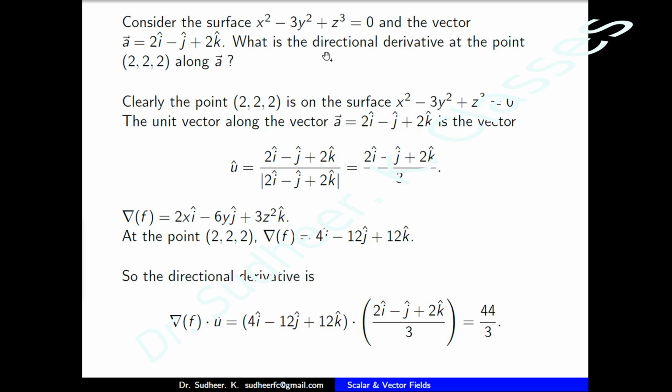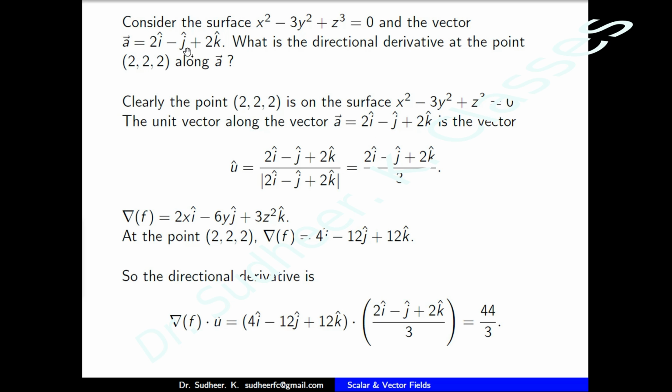We have to find the directional derivative at the point (2, 2, 2) along the vector A. It is easy to check that the point (2, 2, 2) is on the surface x square minus 3y square plus z cube equal to 0. You just have to substitute the values of x, y and z as 2, 2, 2. This expression will reduce to 0.